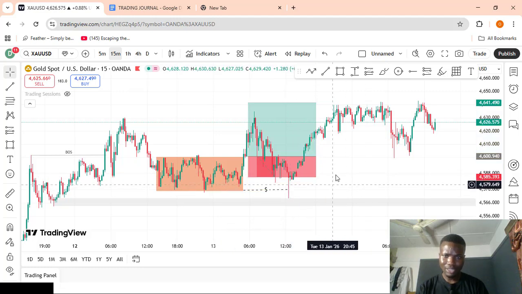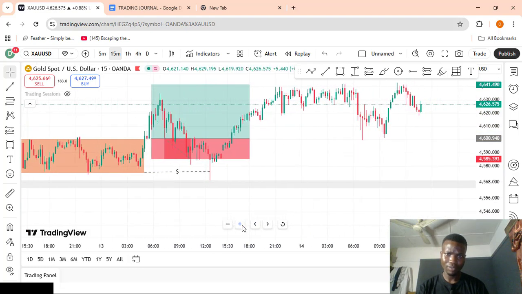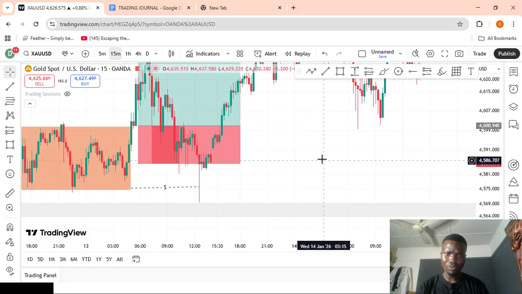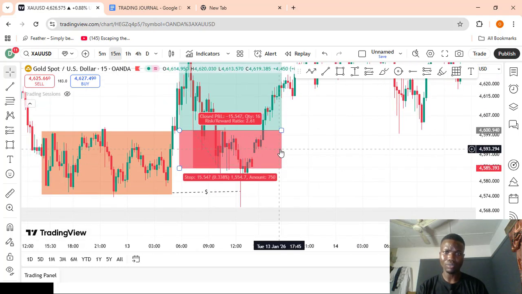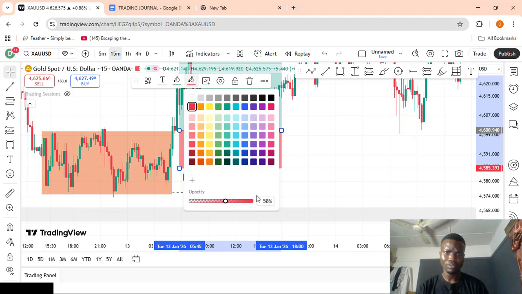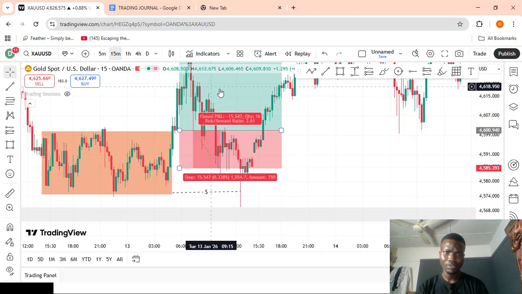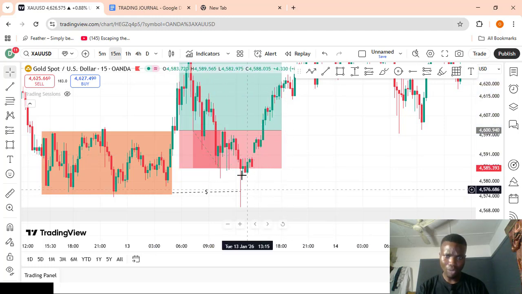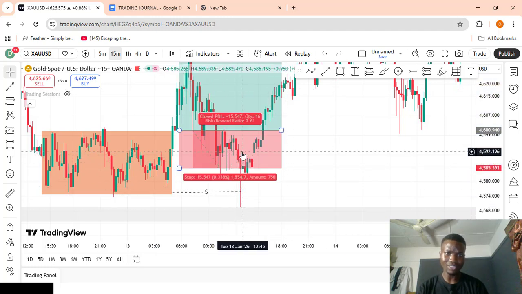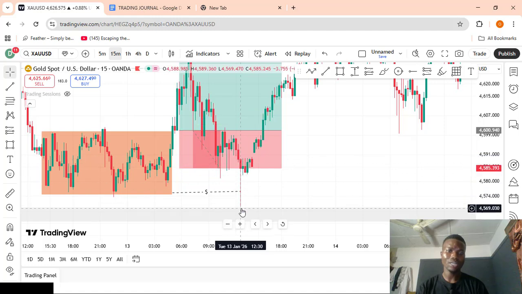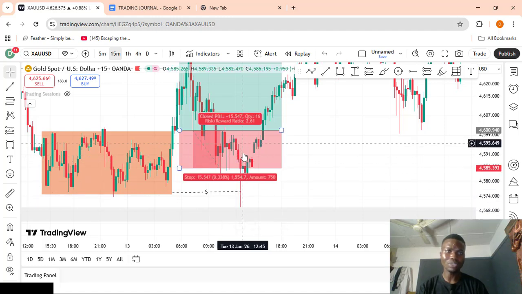You can see this candle. If you remember, I showed you this candle. Let me reduce this down. All right, now I showed you this candle. This is the liquidity candle.